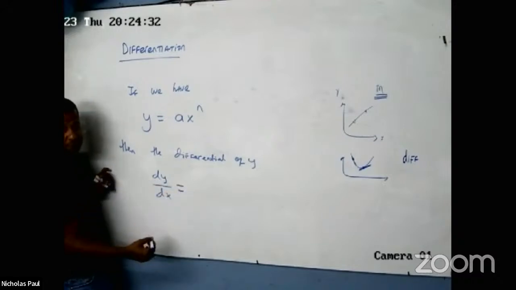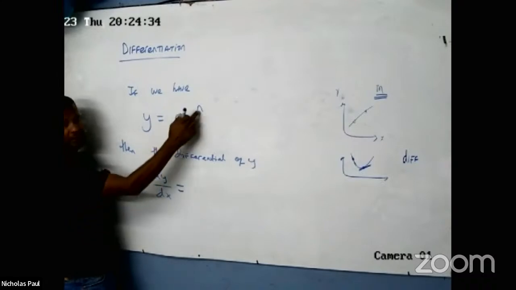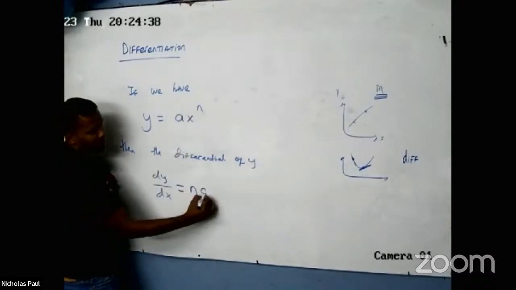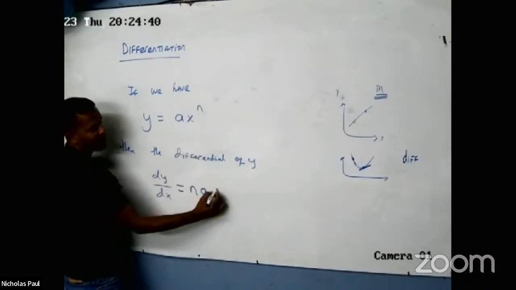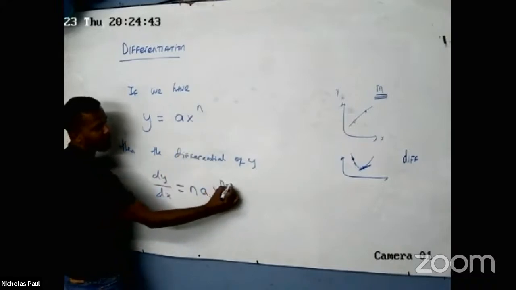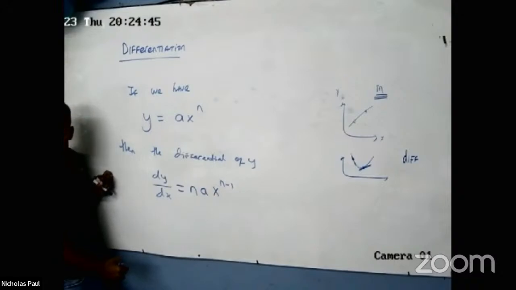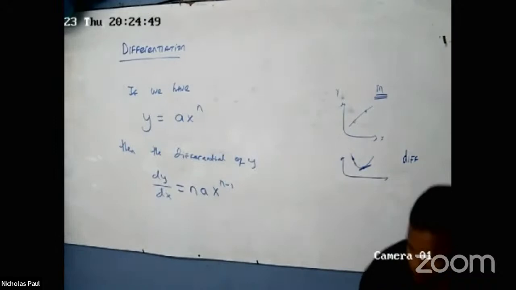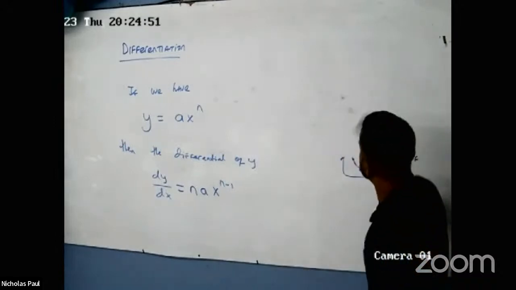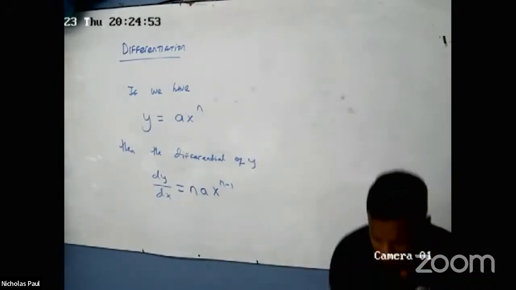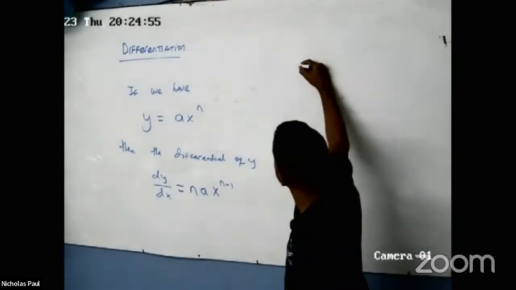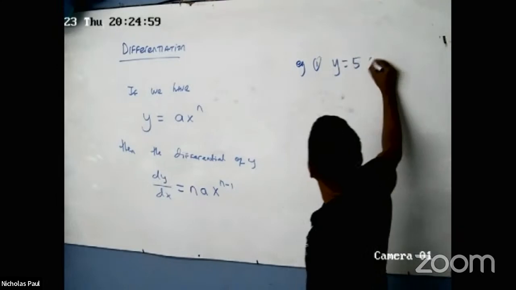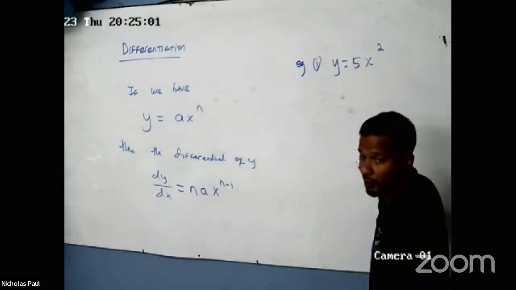How do we differentiate? Well, bring the power down, then write back a, and then subtract 1 from that power. That's it. Those are the steps to differentiate. Bring down the n, whatever the power is, write back whatever a is, and then subtract 1 from the power.